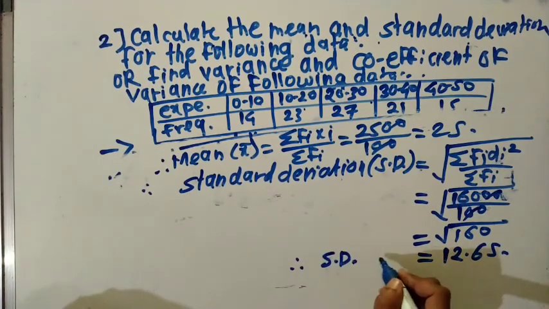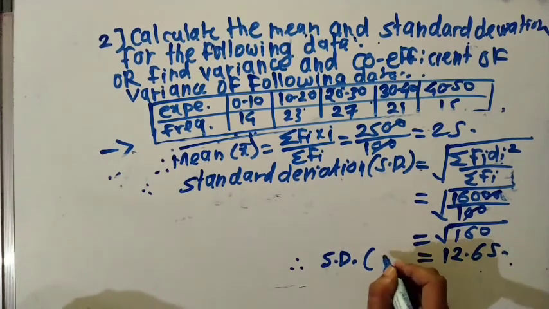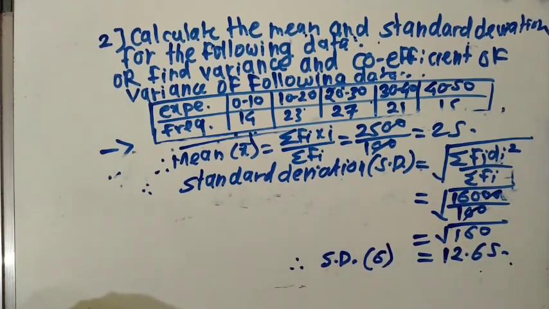Hence the standard deviation sigma is 12.65. Then we find out variance.